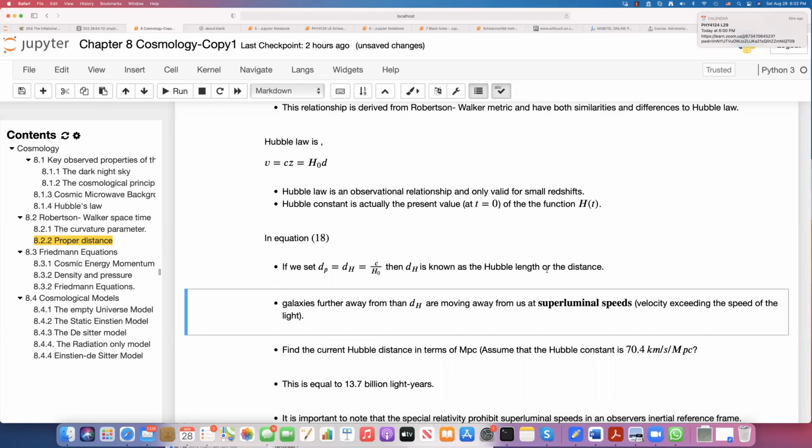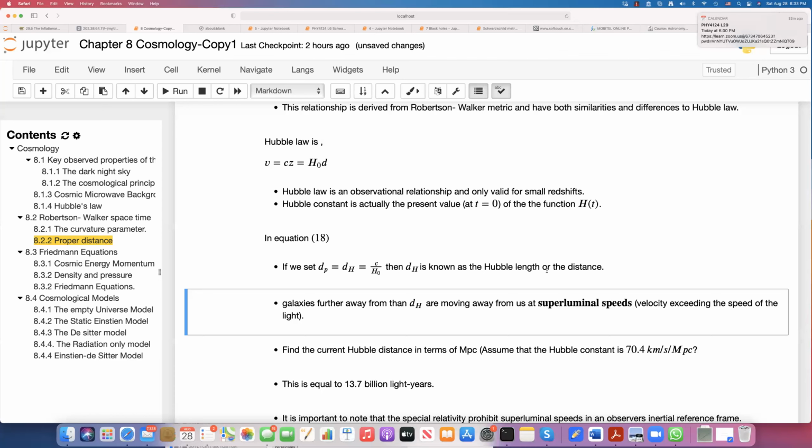So if you have a galaxy that is even farther away than this Hubble length d_H, then those galaxies will move away from us at superluminal speeds. This term, superluminal speeds, means the velocity is exceeding the speed of light.